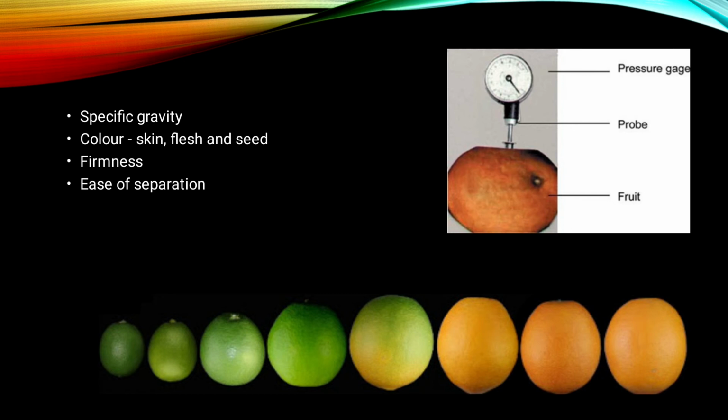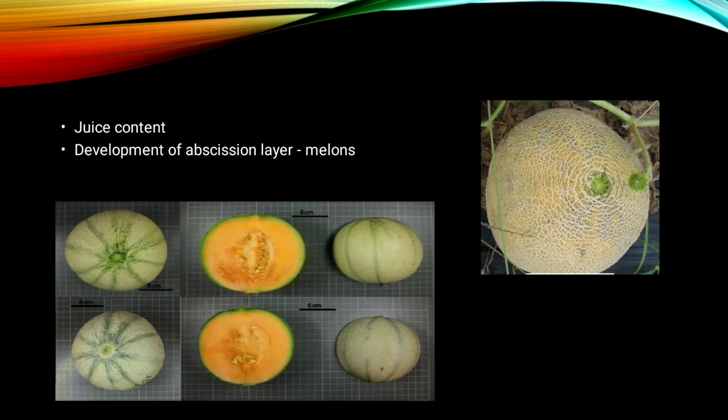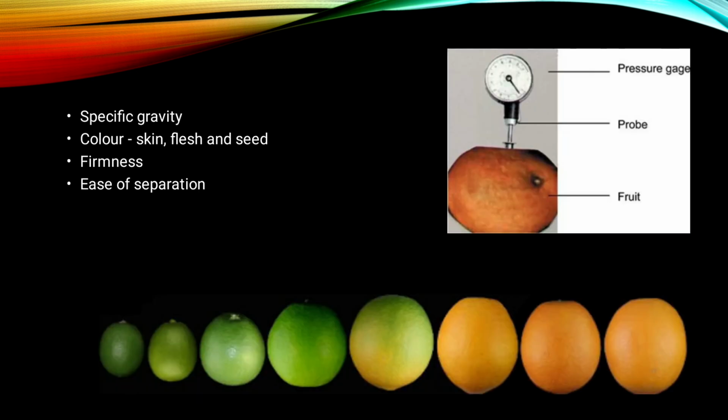Through this color of skin or flesh, the flesh indicates the increase in volatile oils in it. So they are also one of the parameters to assess the maturity of the fruit. Then there is firmness. We can detect firmness with a penetrometer.